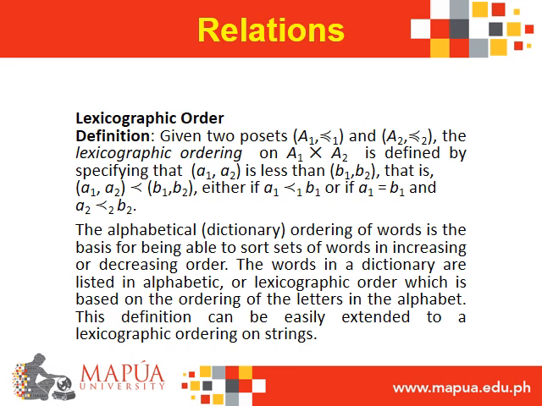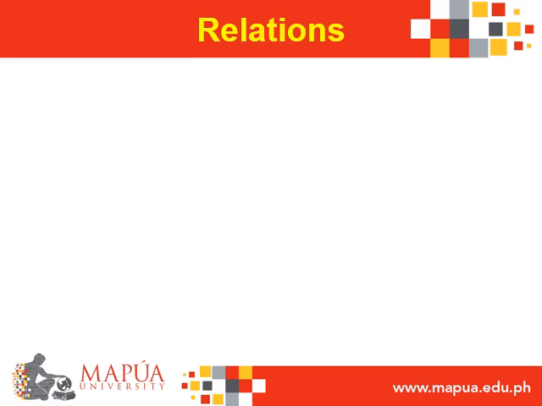This is called lexicographic ordering because this process follows the alphabetical ordering of words, similar to your dictionary. The words in your dictionary are listed in alphabetic, or lexicographic, order, based on the ordering of letters in the alphabet. Likewise, it may be ordered from given numbers. This definition can easily be extended.